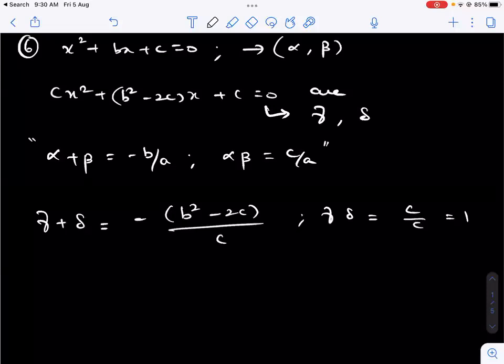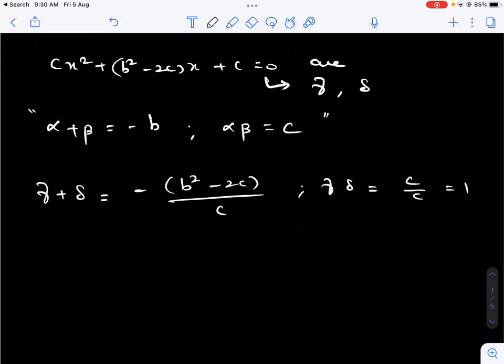Okay. Now what we need to do is write gamma plus delta in terms of alpha and beta. So how do we proceed? One minute. Here, there is no a. I thought there is an a. So it is only minus b, and alpha beta is only c because the coefficient of x square is 1.